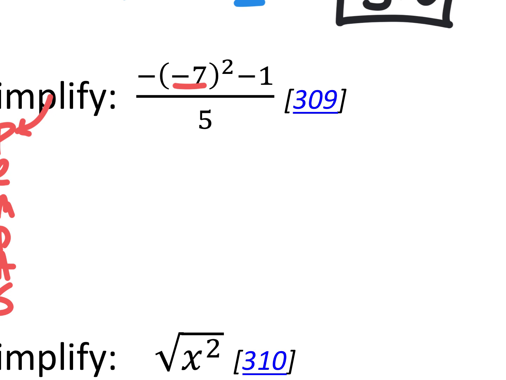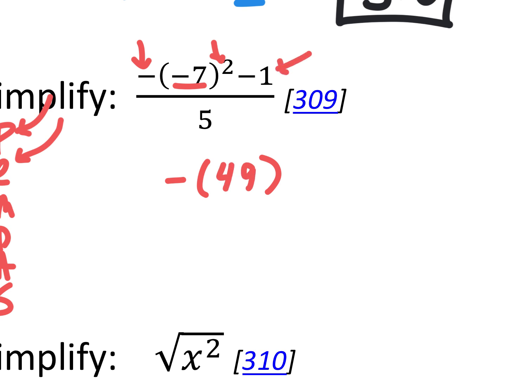And -7 is -7, so there's nothing I can do. But then I go down to exponents, which is the next thing I need to do, which is to square the -7. And of course, -7 times -7 makes positive 49. But I haven't touched this negative yet. Negative, and now I just did my parentheses, and it came out to 49. Okay, and then this -1 is still here, and it's all over 5.